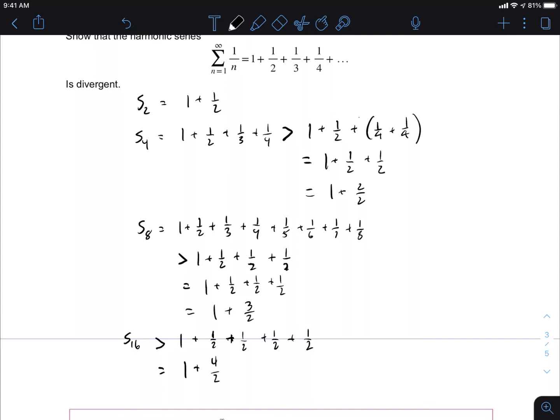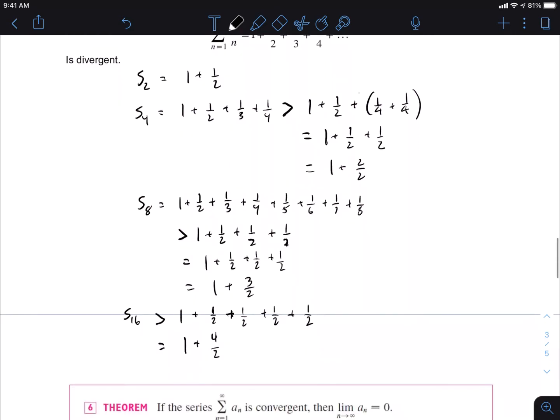Then 32 would be 1 plus 5 halves. 64 would be 1 plus 6 halves. What we end up seeing is if I have S sub 2n, that's going to take off to infinity because I'm always adding a half to it, which is actually smaller than the original function. So if that's going to infinity, then n is also going to infinity. And so that tells me that my S sub n term is going to diverge.